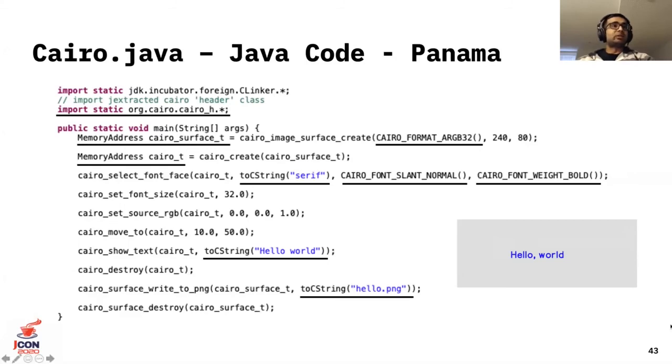And the other thing to note here is that the native functions cannot directly work with a Java string. So the foreign function support API provides a method named toString, which converts a Java string to a C string. And everything else stays the same as seen in the JNI example covered by Toby.